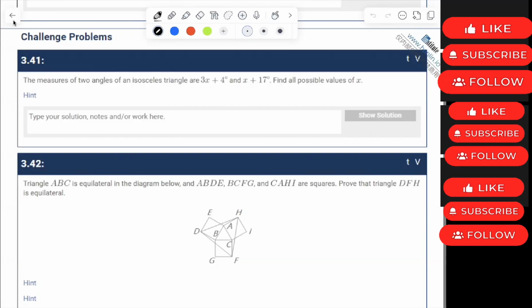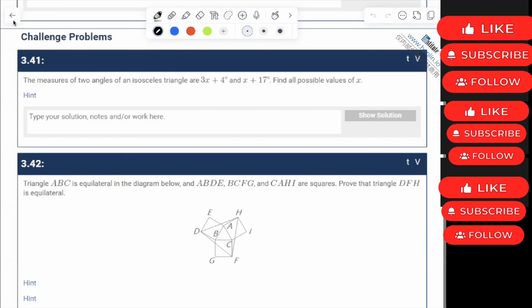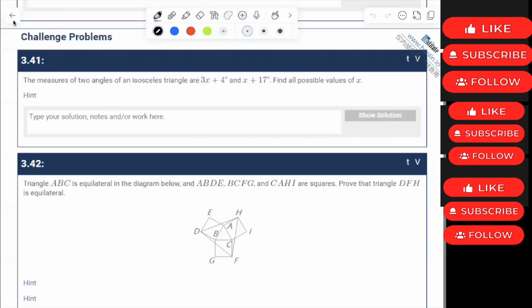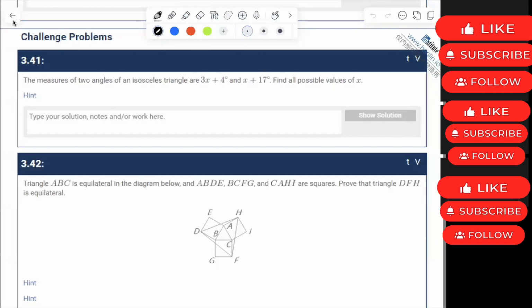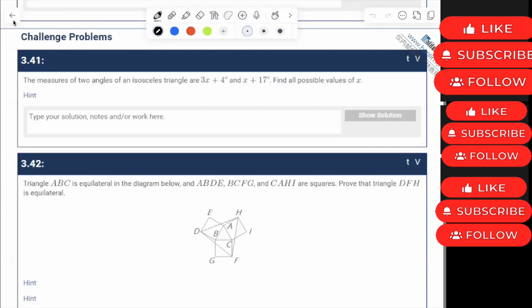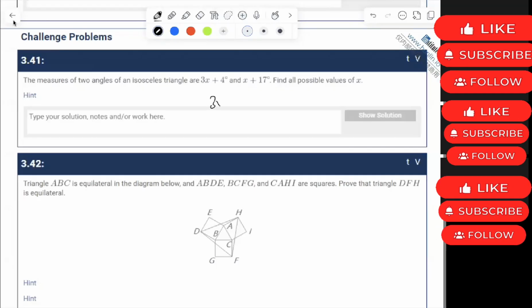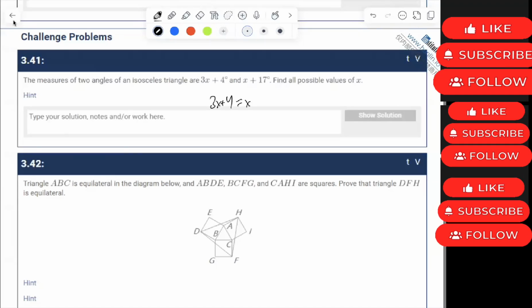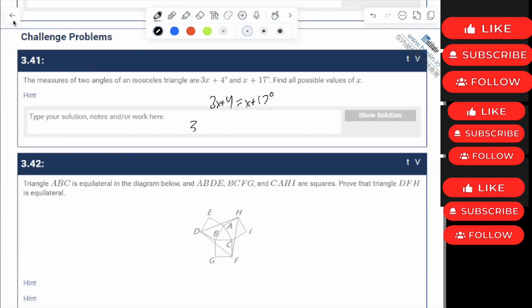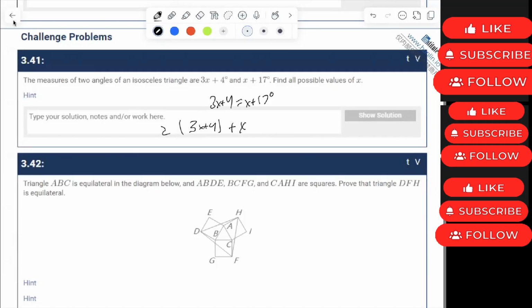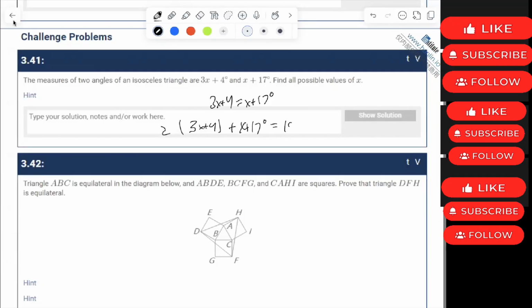Secondly, for the second case, if they're both base angles, then 3x plus 4 is equal to x plus 17. So either it's 3x plus 4 is equal to x plus 17 degrees, or 3x plus 4 times 2 plus x plus 17 degrees is equal to 180 degrees.